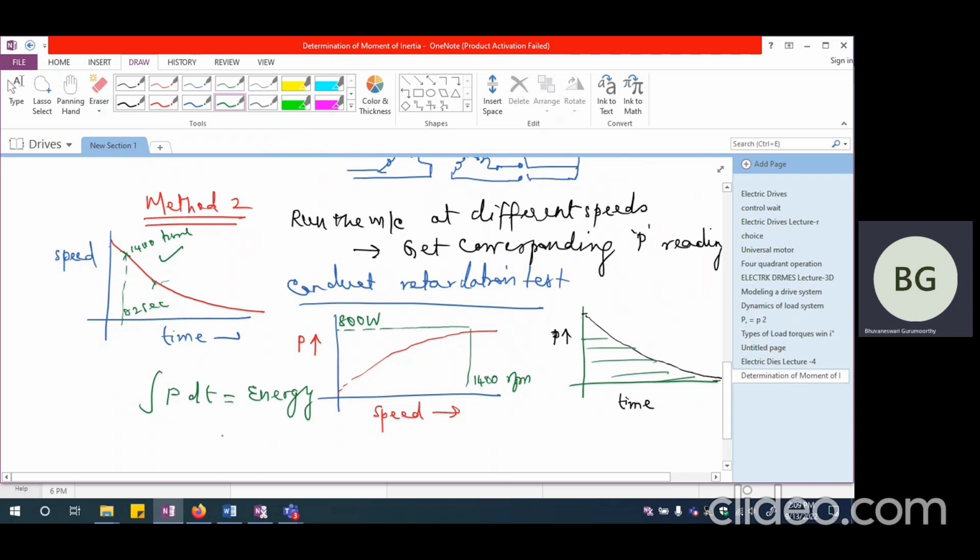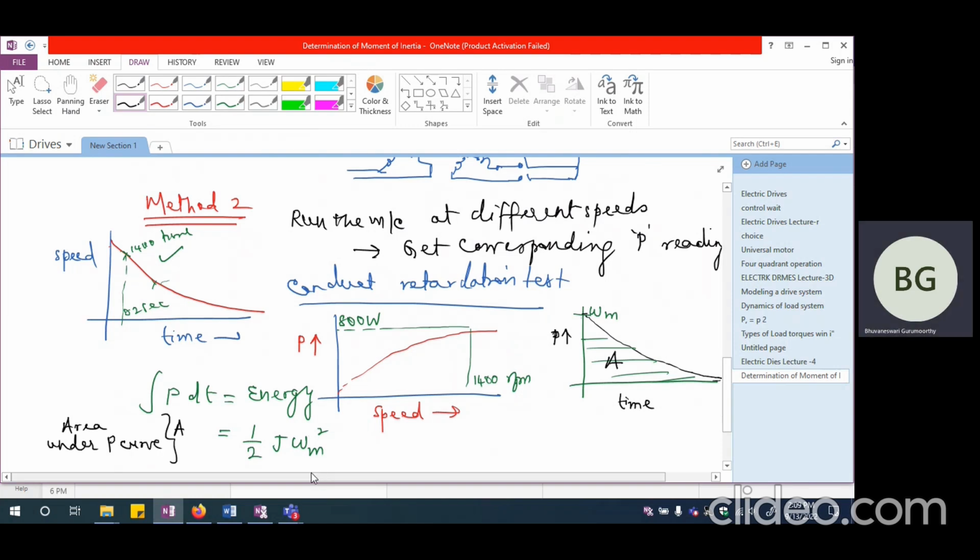So this energy loss should be equal to half J omega m square, where omega m is the mechanical speed of this machine at the beginning of the retardation test. So this is half J omega m square, and this is essentially the area under this curve. If I say this is A, this is the area under the P curve.